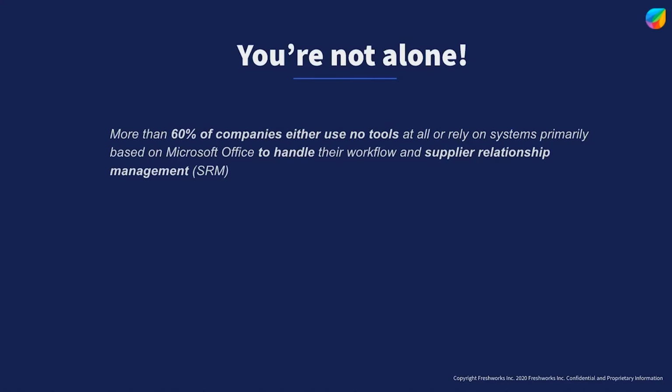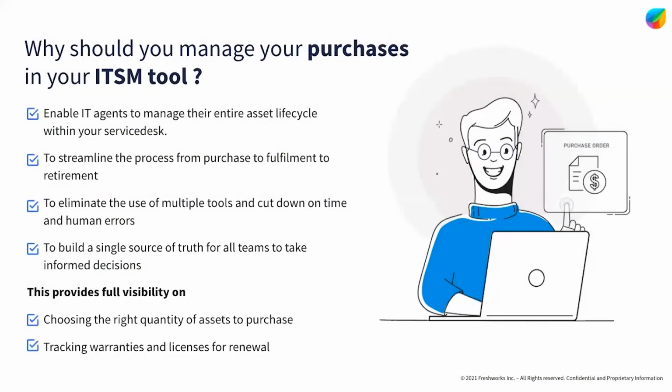It is scattered in emails and spreadsheets, and it's really difficult for a procurement manager to practice purchases efficiently. So here is why we propose managing purchase orders in an ITSM or service desk tool is a better approach.